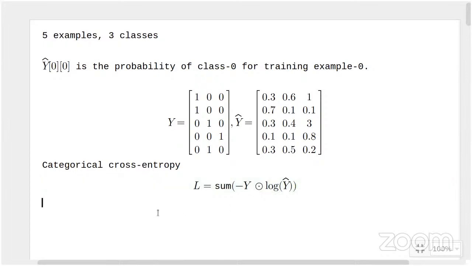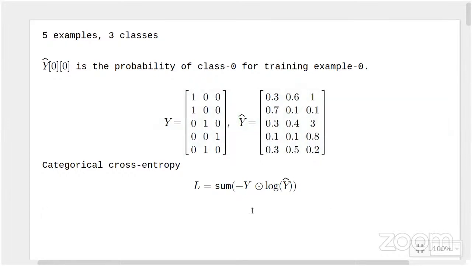Just one question. In the softmax, why do we take the mean? Because sum makes more sense. In the softmax implementation for the loss function, we take the mean.